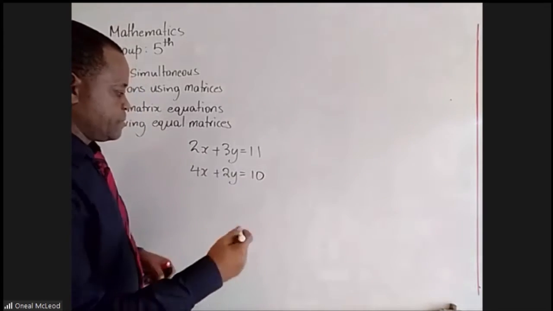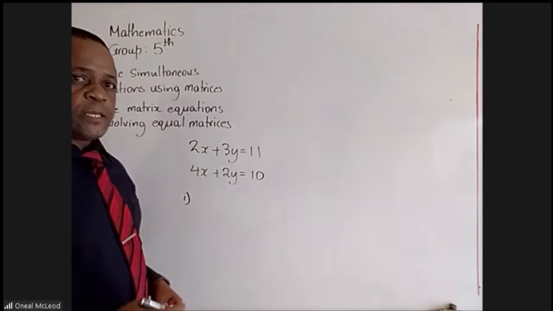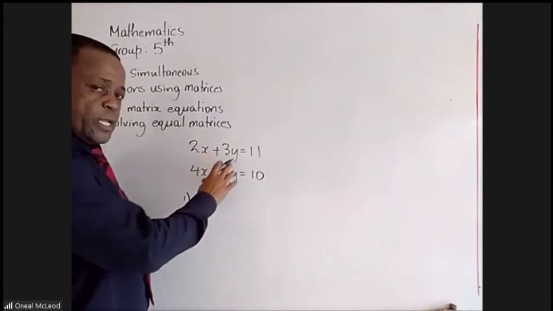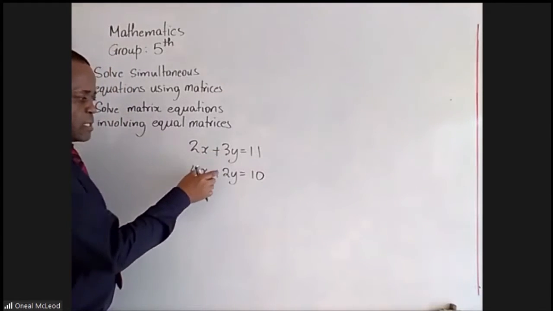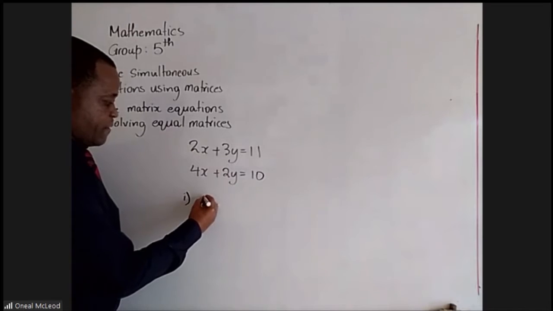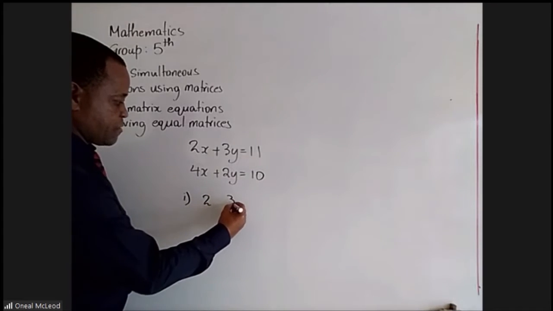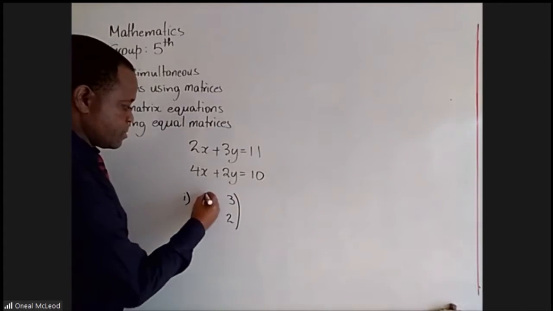Now, step one, write the equation in the matrix form. So we're going to have to take out the numerical coefficients of the variables, which would have been 2, 3, 4, and 2.